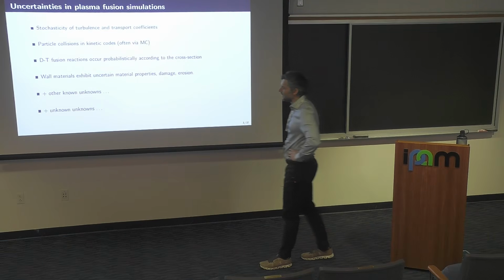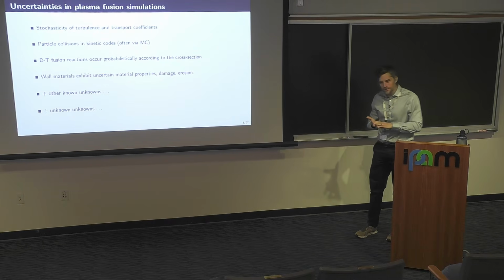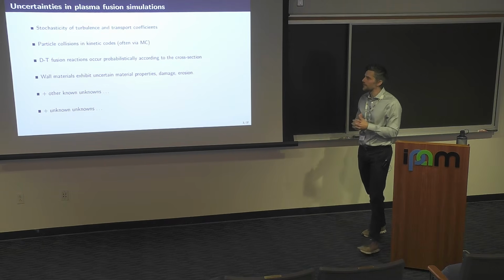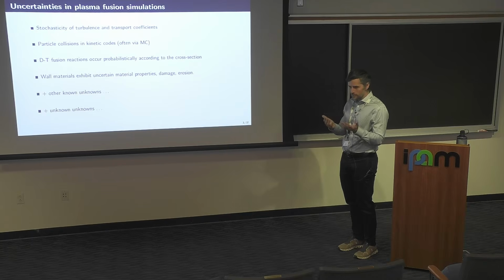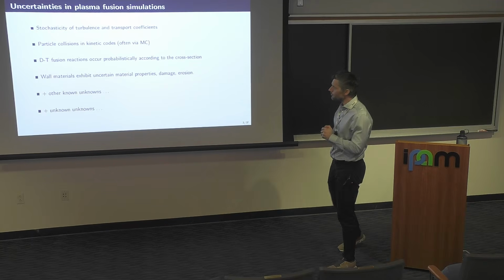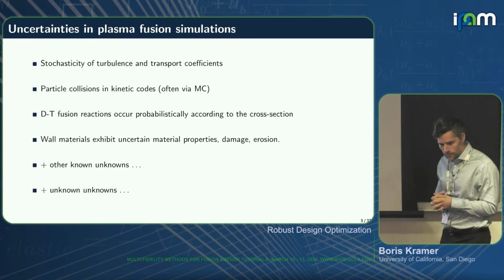Anyways, things I've heard, of course: we have the models and we have the parameters and we have uncertainties in both of them. I'm not talking much about uncertainties in measurements because I'm not dealing necessarily with inverse problems, but we also have those, and we heard that from Tim. We have stochastic models for turbulence and transport.